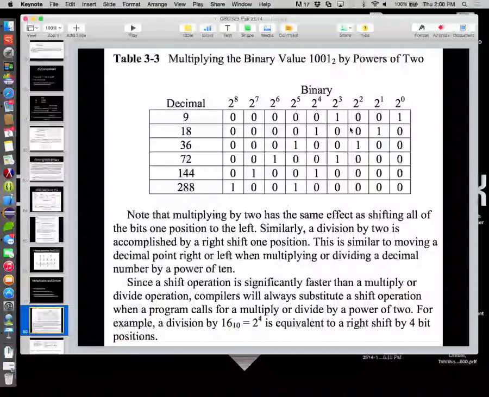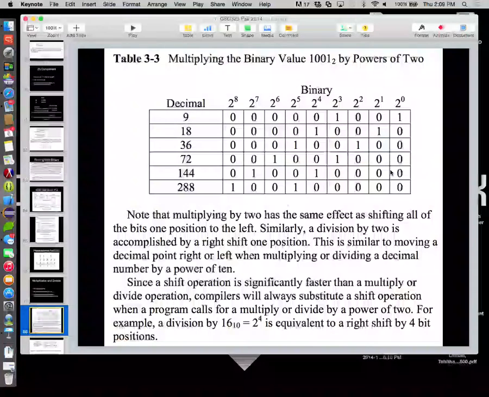What did we do? We shifted every bit to the left. Every bit moves one place over, and we get a new 0 here at the end. That make sense?